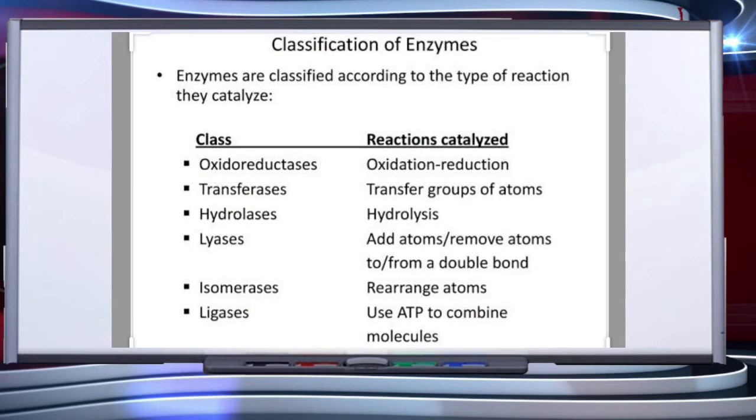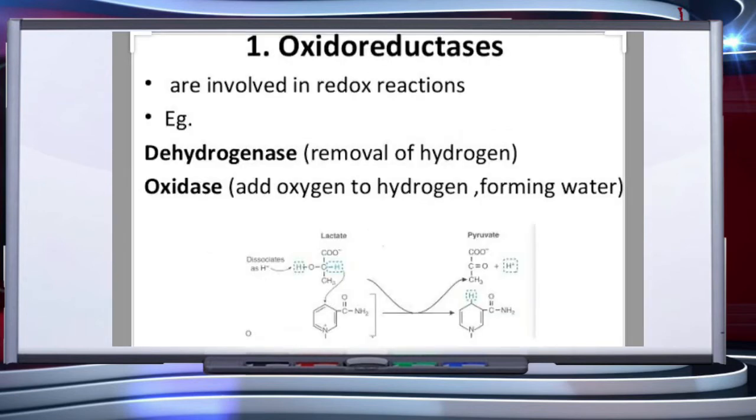Thousands of enzymes have been discovered, isolated and studied. Most of these enzymes have been classified into different groups based on the type of reactions they catalyze. Enzymes are divided into 6 classes. These classes are oxidoreductases, transferases, hydrolases, lyases, isomerases, and ligases.